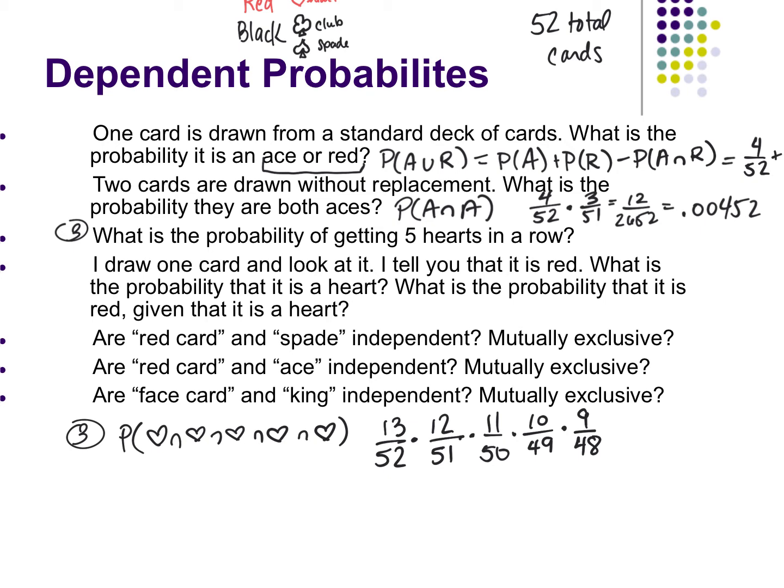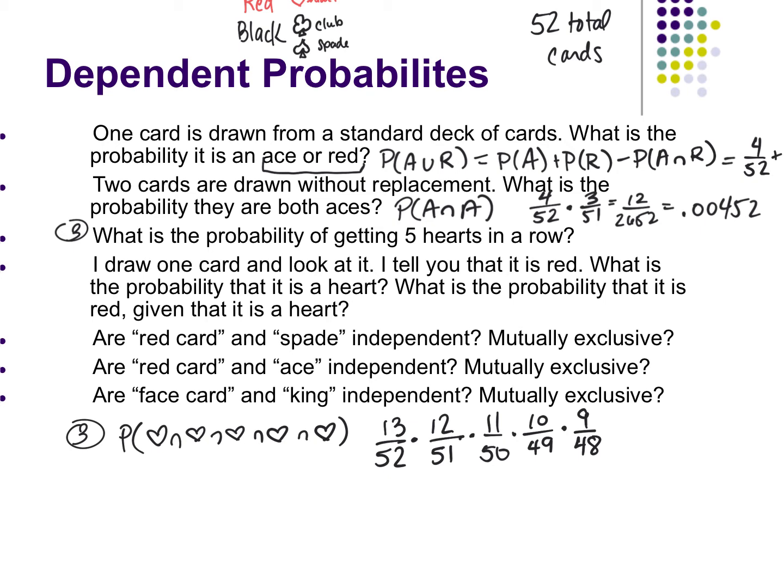Now if you want to reduce, I wouldn't. I would multiply across the top: 13 times 12 times 11 times 10 times 9. Anybody know how to do that with the probability button? There's a button called nCr.